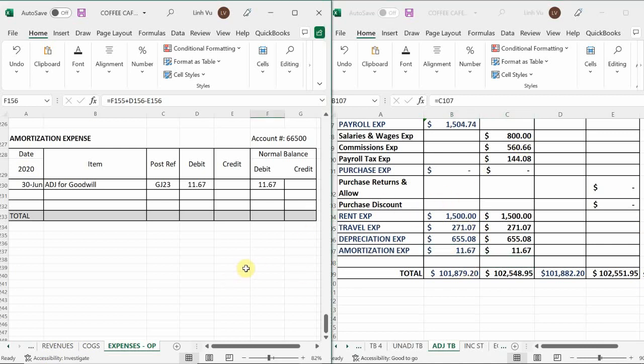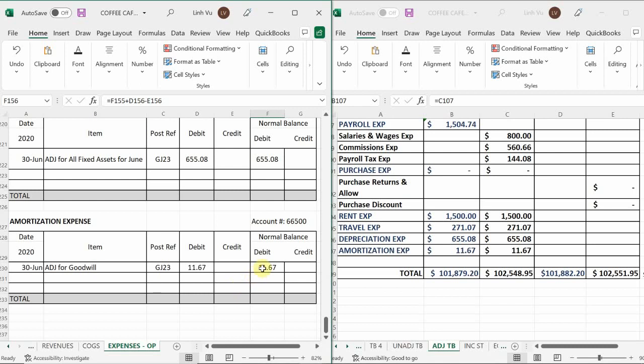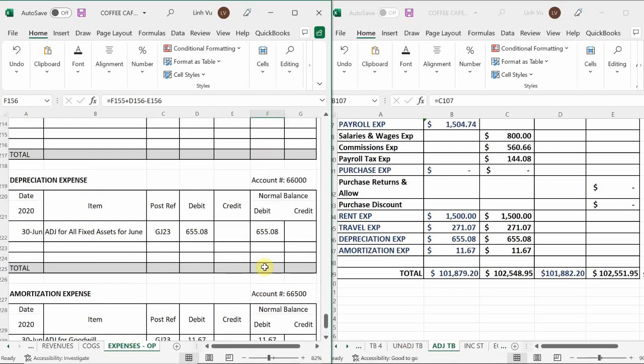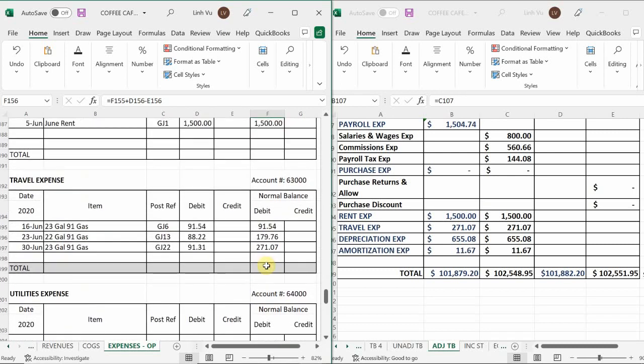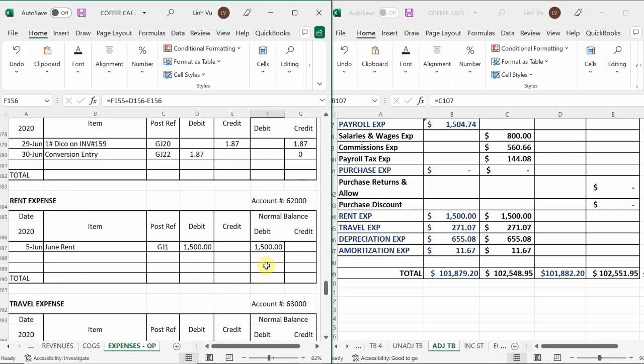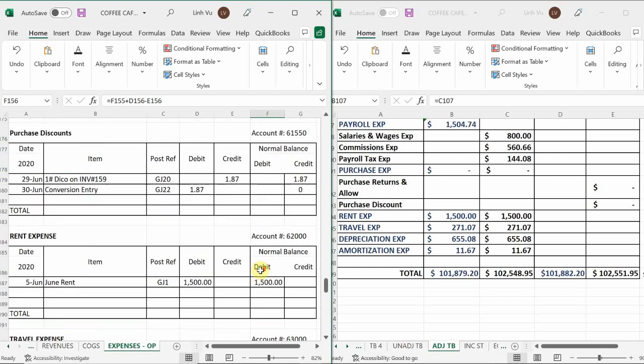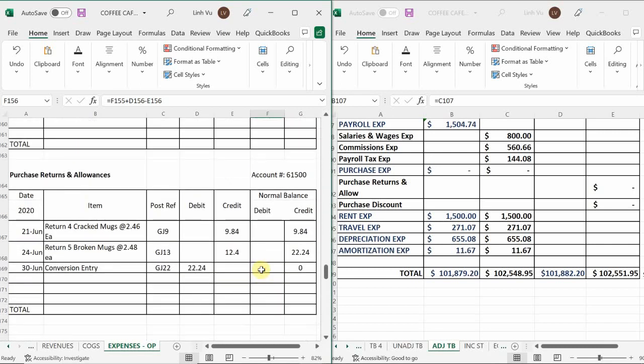Okay. So I have 11.67, 655.08, 217. Okay. These are all cleared out.